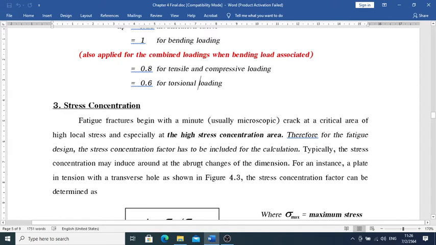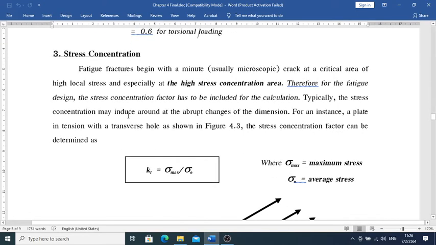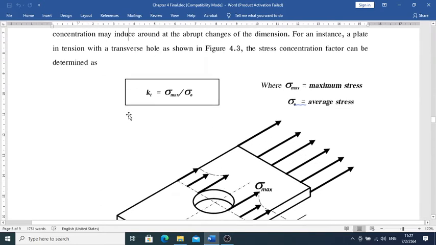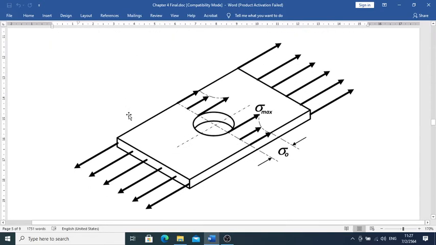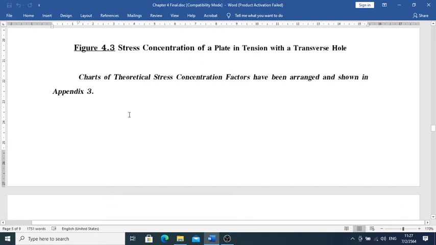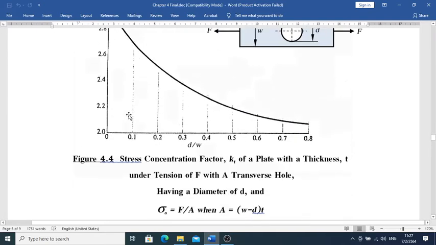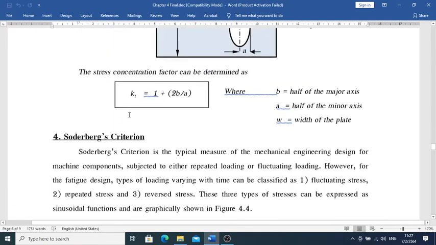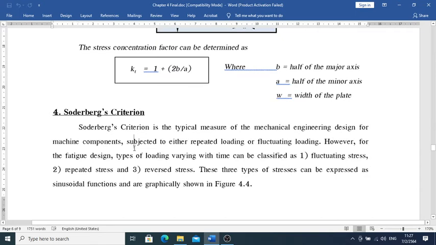And then stress concentration, I just talked about it already. K sub D is in the graphs in Appendix 3 at the end of the chapter, at the end of the textbook. Then the two things get wrapped up together. Remember at the beginning of the lecture I mentioned the load changing over time together with the stress concentration.